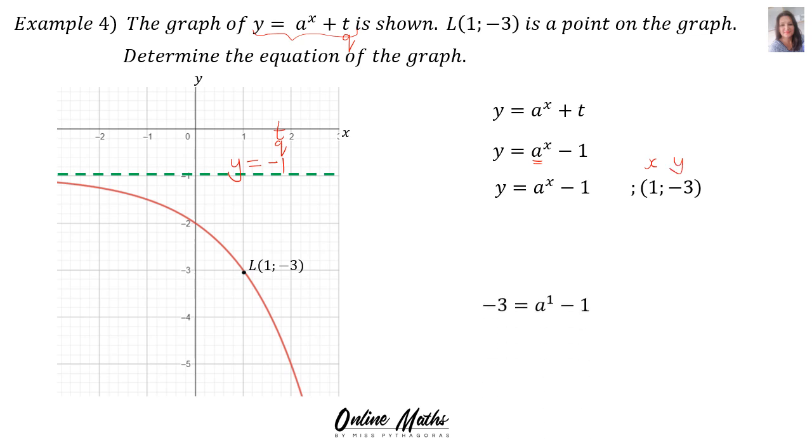In y's place, we substitute -3 equals a, in x's place 1, minus 1. Let -1 walk across. -3 plus 1 is a, -3 plus 1 is -2, and a's value is -2, and it looks right. Therefore, the equation of this exponential function is y is -2 to the x minus 1.